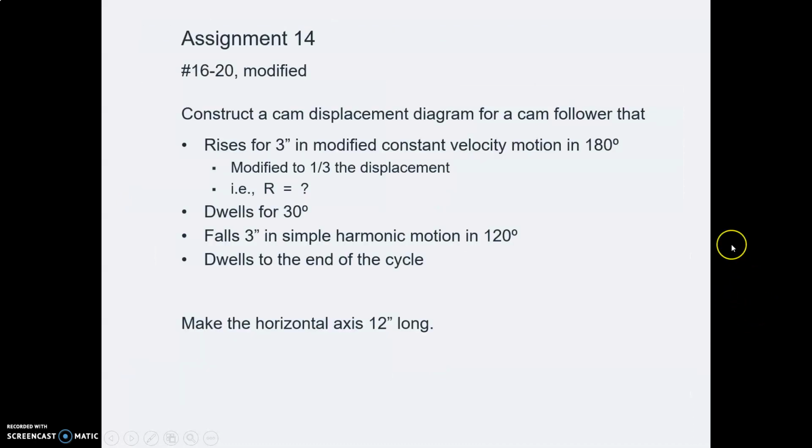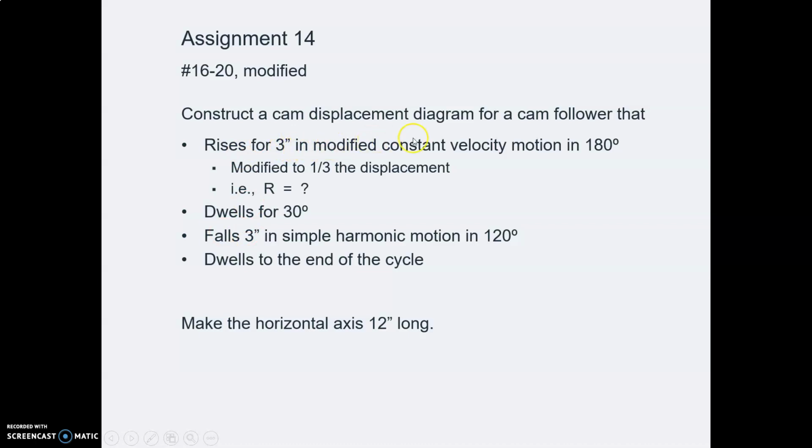In our assignment, which we'll look at in a separate video, it says we're going to make a displacement diagram, and we want the follower to do this. We want it to rise for 3 inches, and later fall for 3 inches, so we'll make our graph 3 inches high.